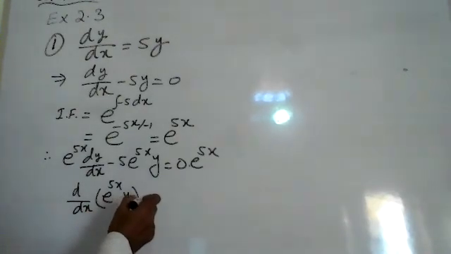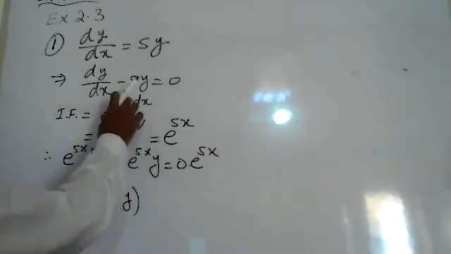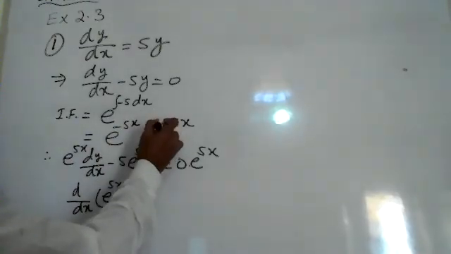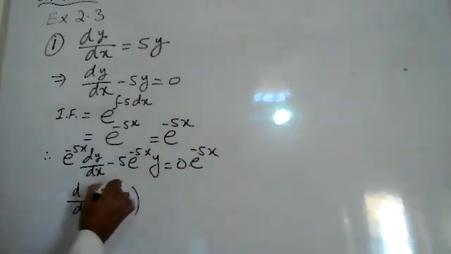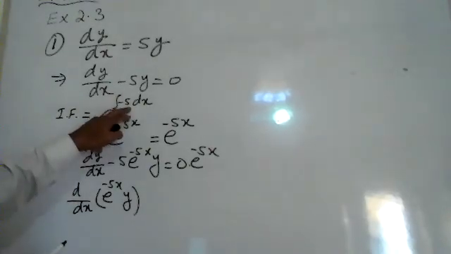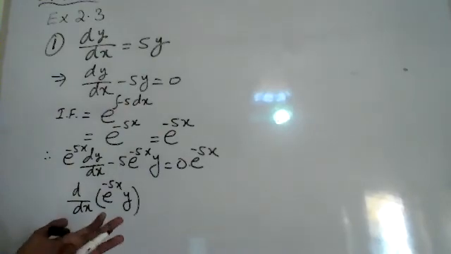Sorry, it is not, we are multiplying with x. So it is the same thing. Minus 5x. We are multiplying by x and the power is 1, so we will divide by 1.